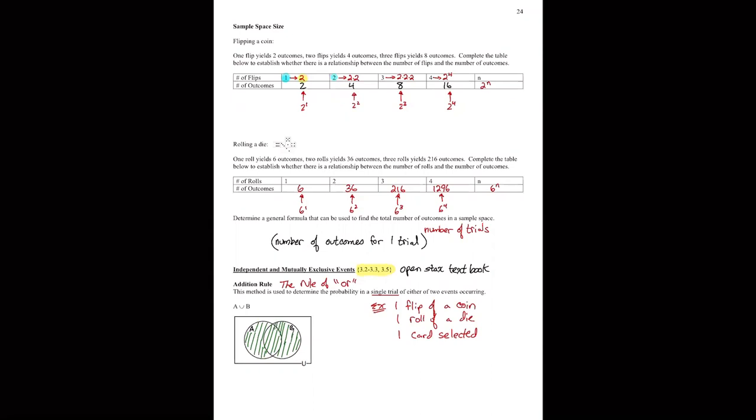So this is all of A, all of B, and then in parentheses I say including overlap.